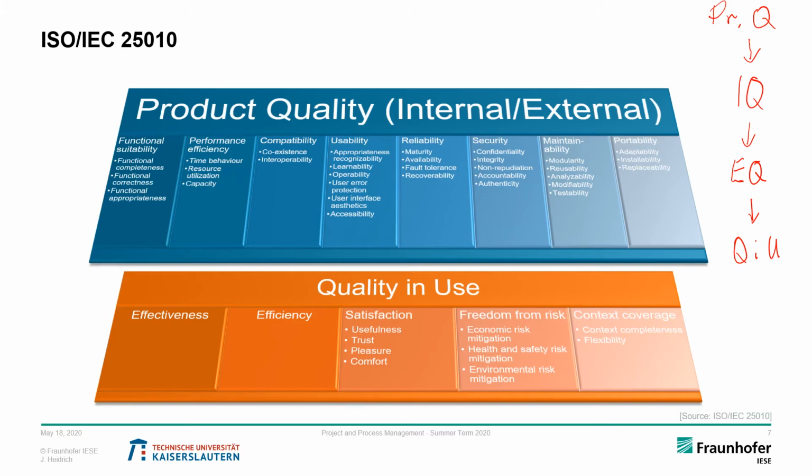So internal is the development perspective, external is the customer perspective, and quality in use is the actual user's perspective. And now we have different quality aspects defined here on the top levels, and we have some breakdown of those high-level concepts into smaller bits and pieces inside these boxes.